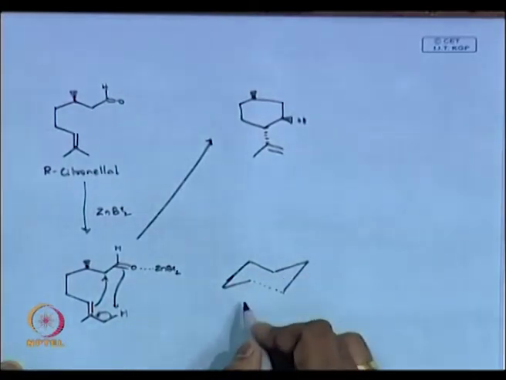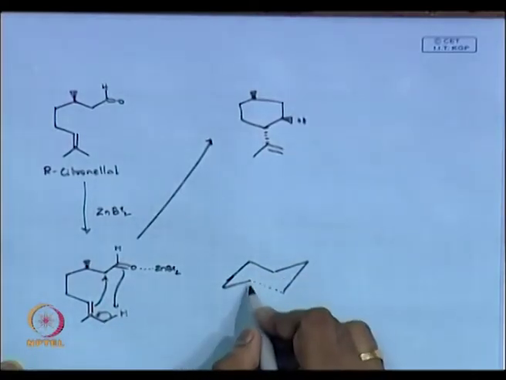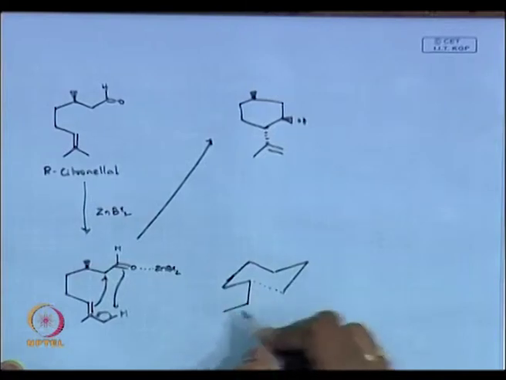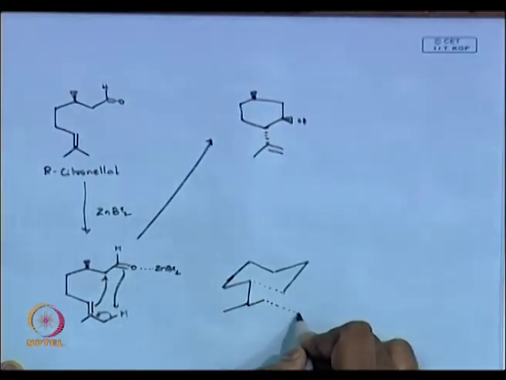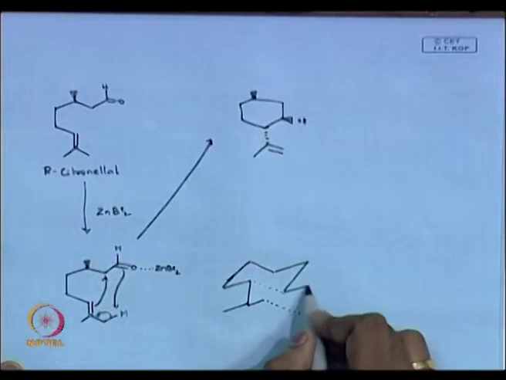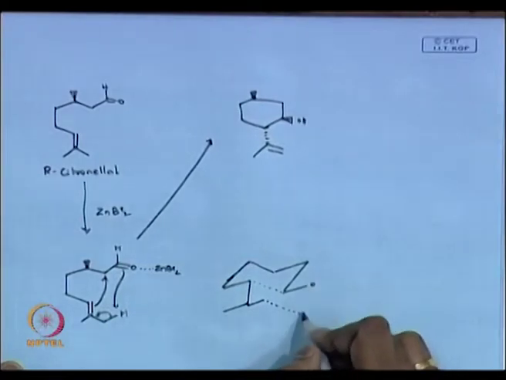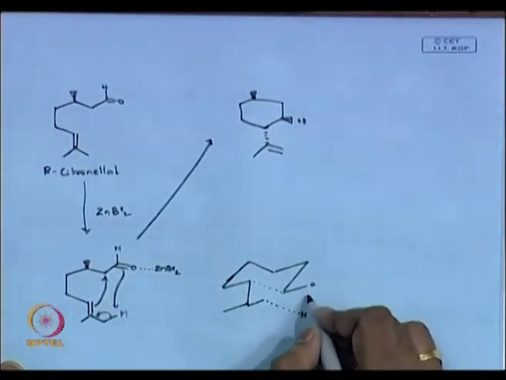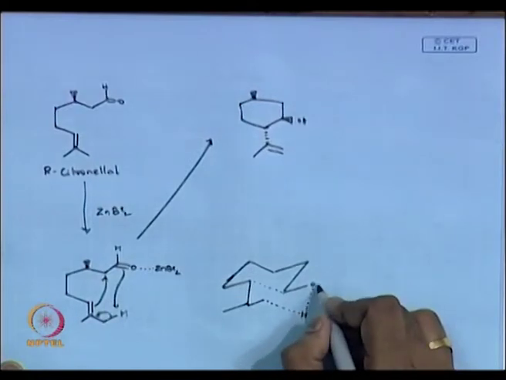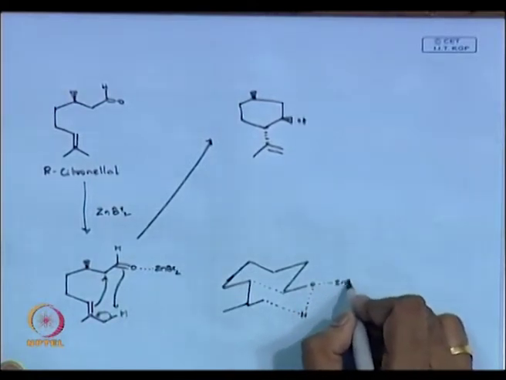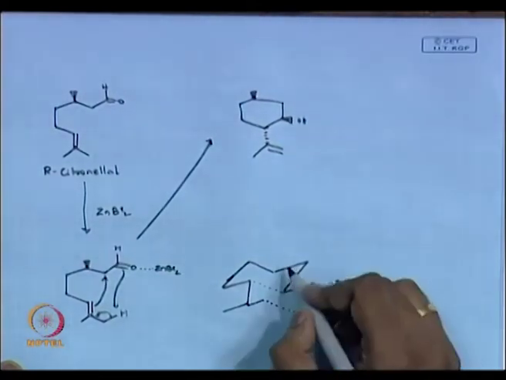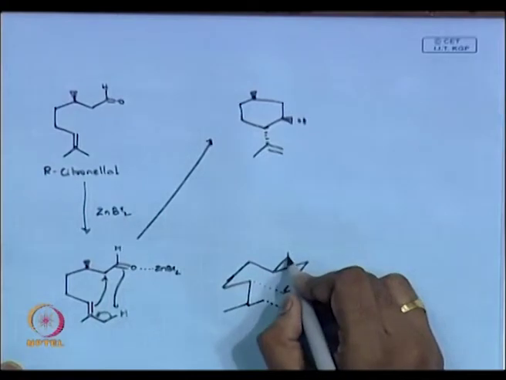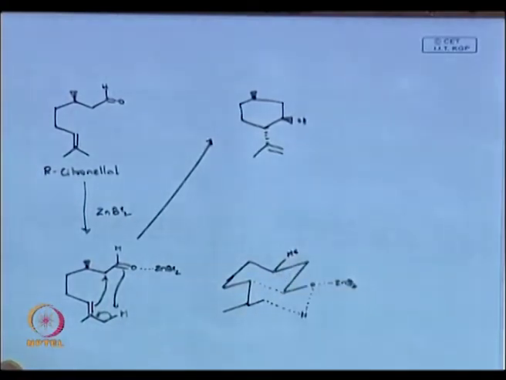So, this part, then I have my double bond, then you have your oxygen, and this is the hydrogen I am talking about, and it is zinc bromide. Now we will fix your methyl, because methyl favors equatorial.